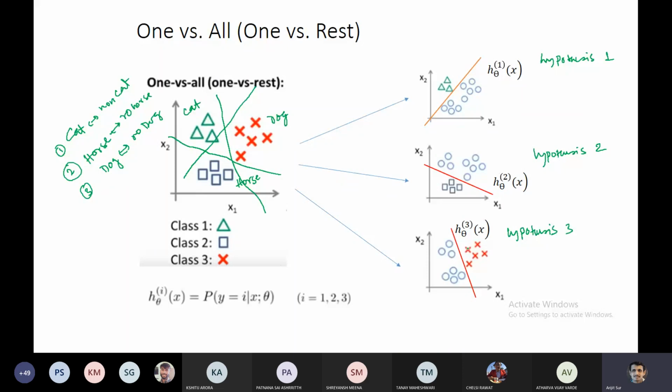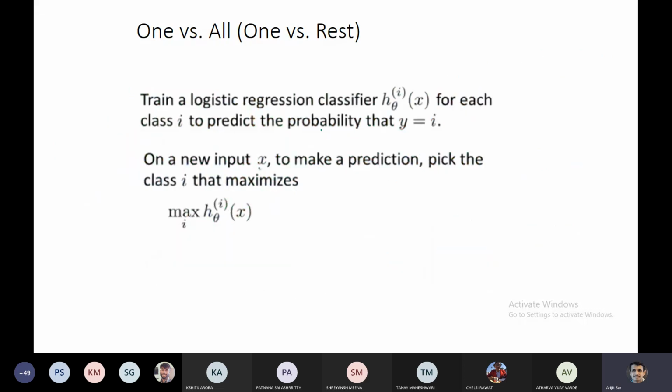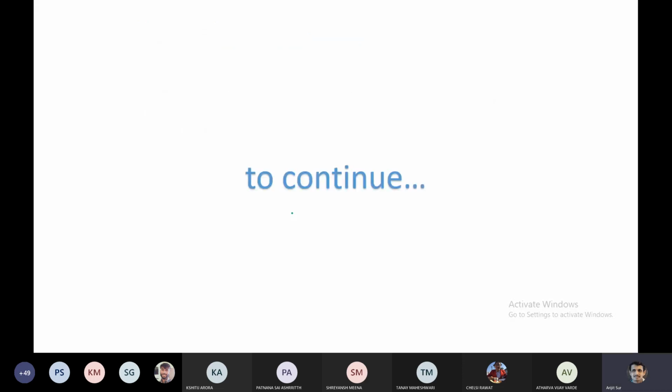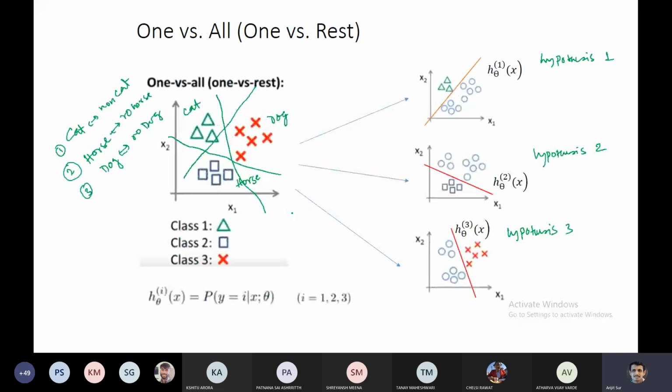That is easily done using whatever we have discussed so far. Then we join these 3 hypotheses. After training logistic regression for each class, on a new point x we predict the probability for each class and pick the class that maximizes it.